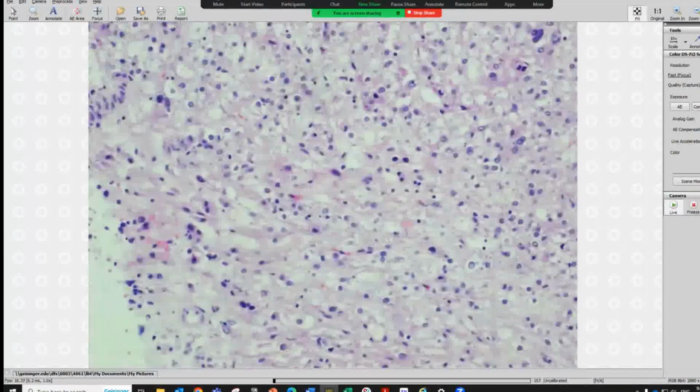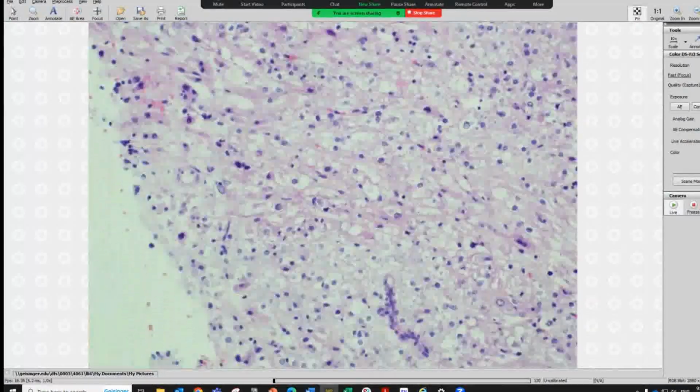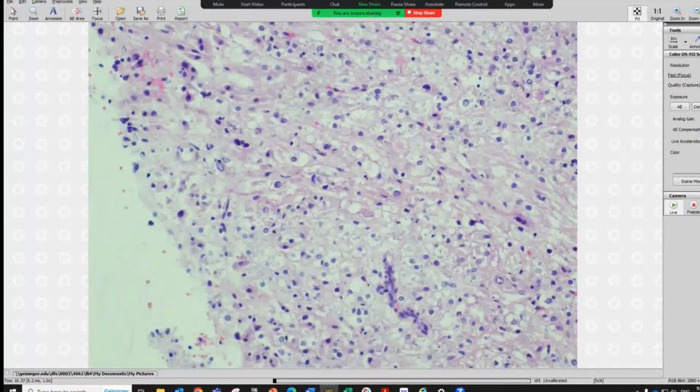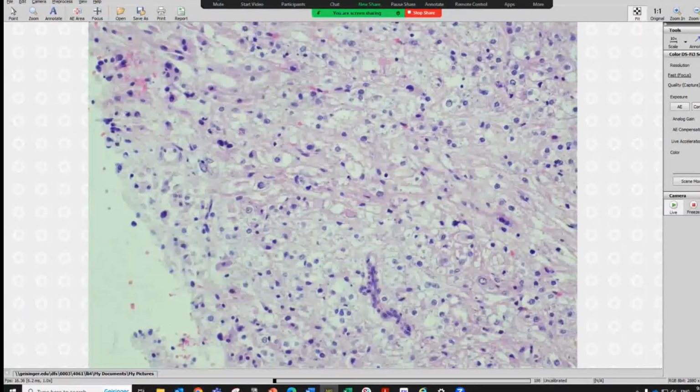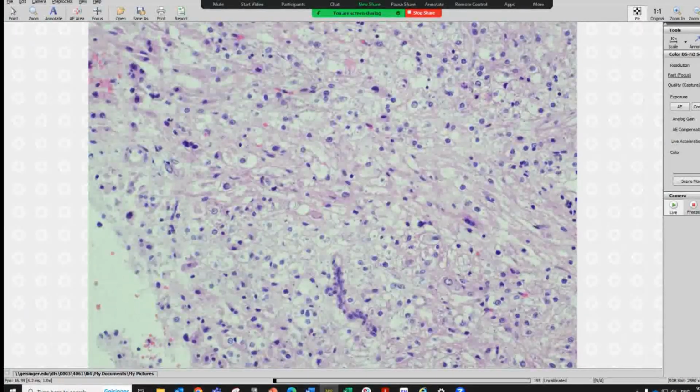Okay, if all the cells just look like this area, I think one differential is, why not clear cell renal cell carcinoma, because there is really clear cytoplasm here.